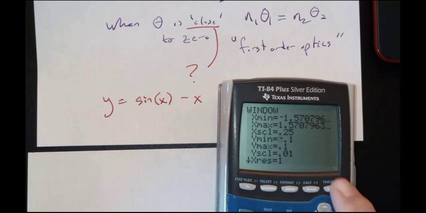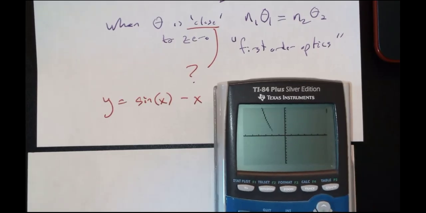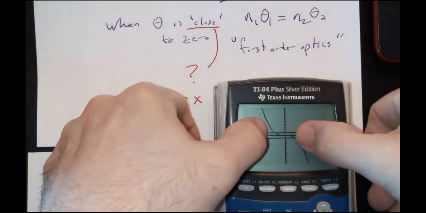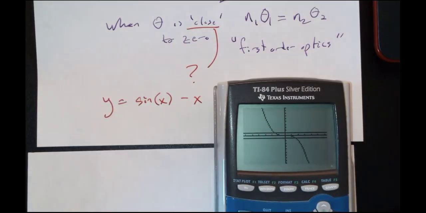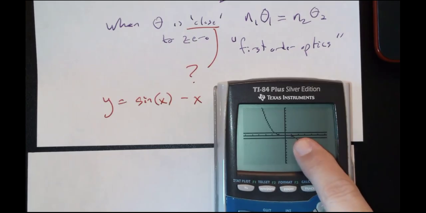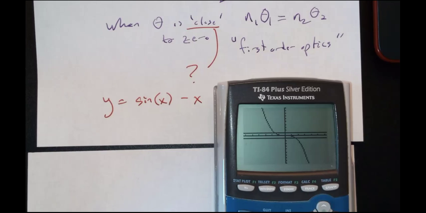Now when I look at this graph, I can see the range of x's that are permissible, the range of angles for which this estimate is good enough. What is the positive angle where these two graphs cross?